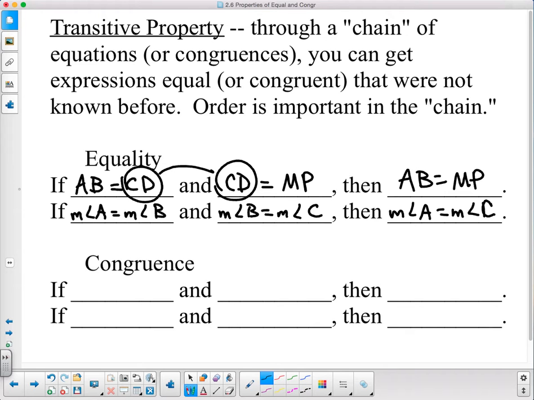Congruence examples. One with segments. Shay, start us off. If what segment's congruent to what segment? DE. Okay, Cody, take it from there.